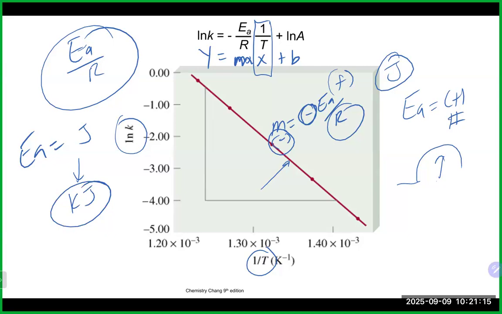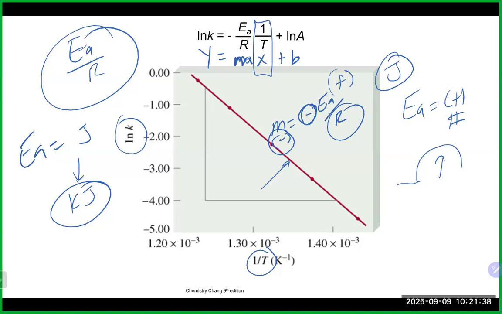So you just got to be careful with units and understand what units you're getting when you multiply, for example, the R to the other side. So this is super easy to figure out graphically. You just make a best fit line, take the slope of it and multiply it by the R value, and you'll have your activation energy. Any questions on that there?